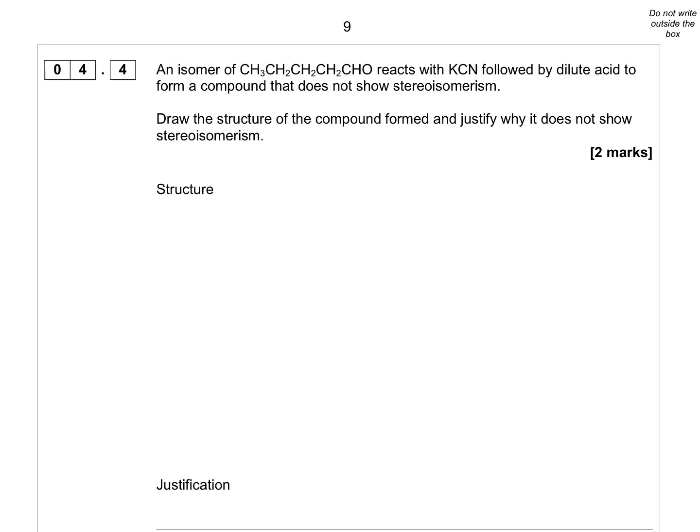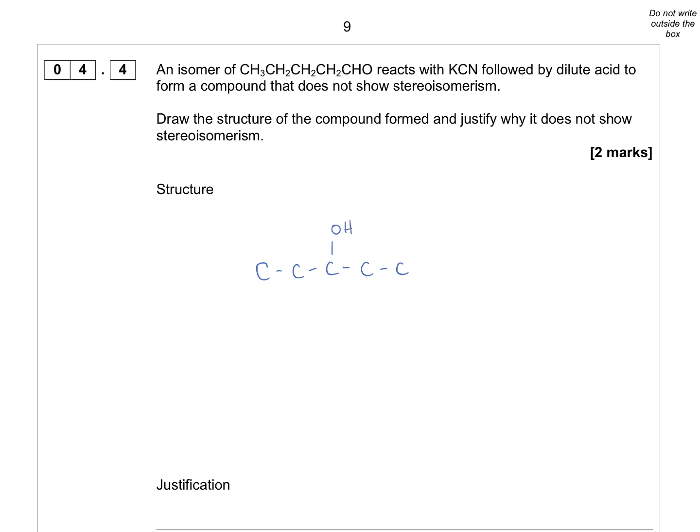So question 4.4 asks about an isomer that, when it reacts with potassium cyanide, doesn't show the stereoisomerism. So we're going to be looking for a product that doesn't have 4 different groups on the central carbon, and therefore doesn't have a chiral carbon.